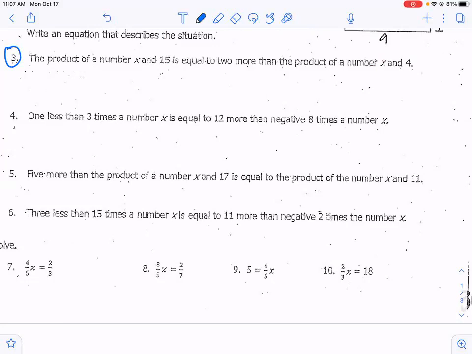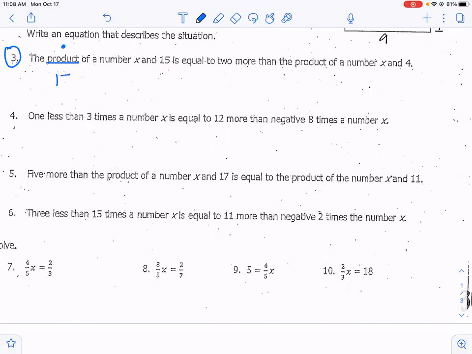Okay, so I'm gonna make us some reminders right above the words that I think are important. So product, ooh, what does that mean? Okay, product means multiply. So the product of a number X and 15. So how would I write that?